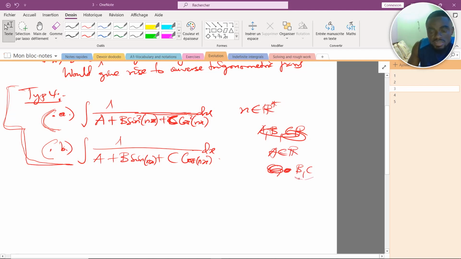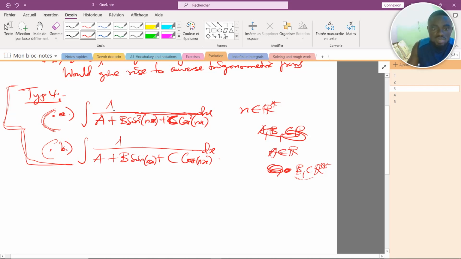When one is zero, the other must not be equal to zero. That's the condition. So B and C, let's say they belong to R star. But if B is zero, the other must not be equal to zero. Because if this and this are zero, we are instead left with integrating what? 1 over A. If A is a real number, it's like we are integrating a constant. You understand? Okay.